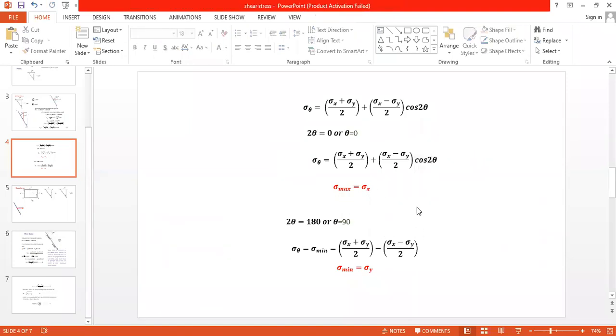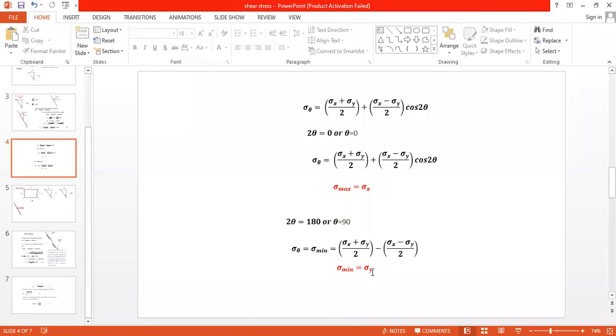Now what is the minimum value? Minimum value is sigma x by 2 plus sigma y by 2 minus sigma x by 2 minus sigma y by 2. Now this sigma x by 2 becomes negative and sigma y by 2 becomes positive. Sigma x by 2 and sigma x by 2 will cancel with each other, and sigma y by 2 plus sigma y by 2 becomes sigma y.